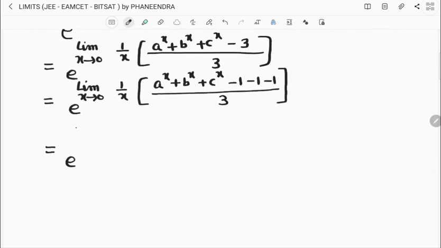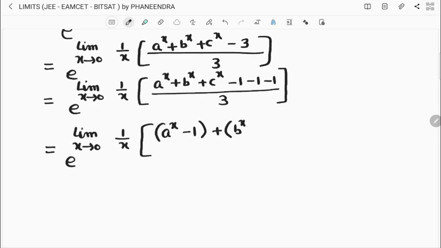e power limit as x tends to 0 of 1 by x into (a^x minus 1), as one term, plus (b^x minus 1), as another term, and the rest of the terms (c^x minus 1), divided by 3.